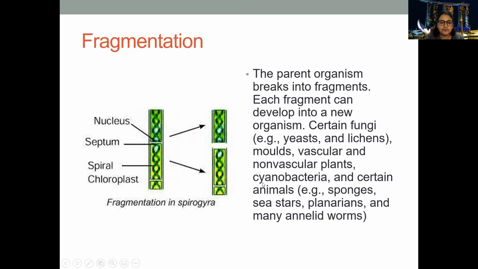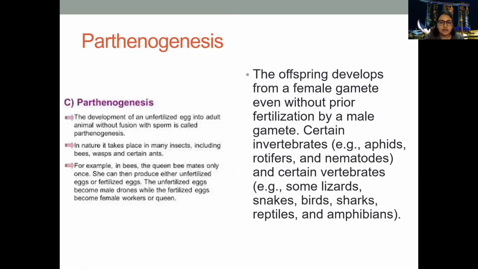Now come to the next point: what is parthenogenesis? The offspring which develops from a female gamete even without prior fertilization by a male gamete is called parthenogenesis.